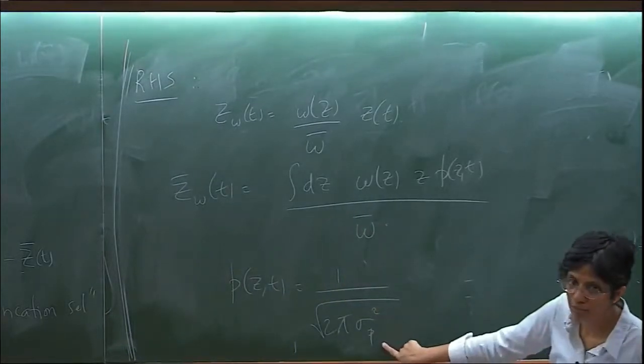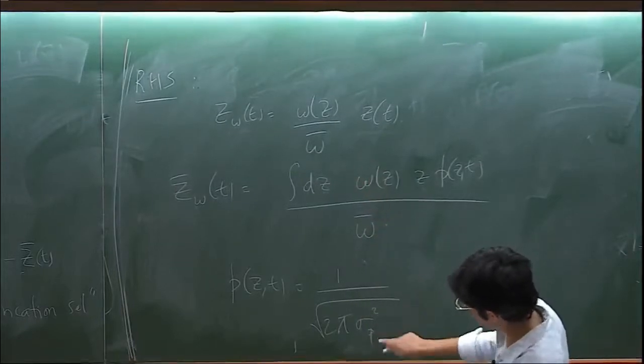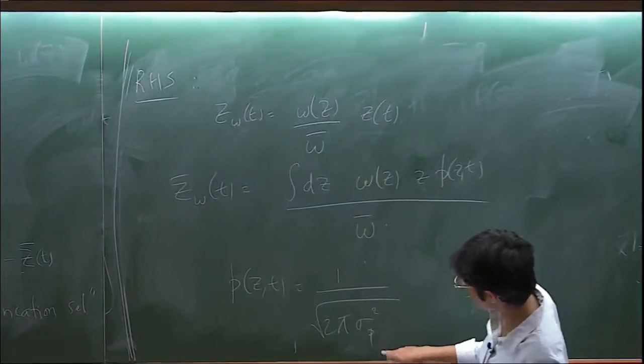Here the variance is sigma P square, or in my notation it would have been that square, but let me stick with the standard notation. So this is the phenotypic variance.